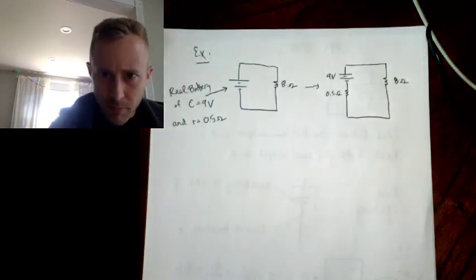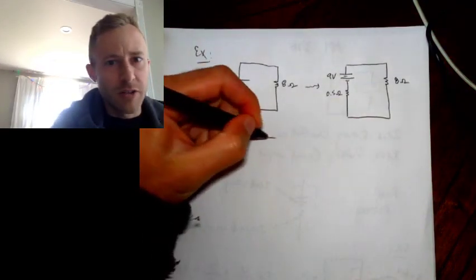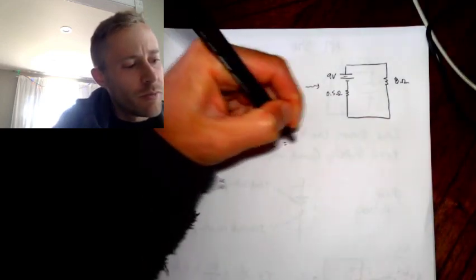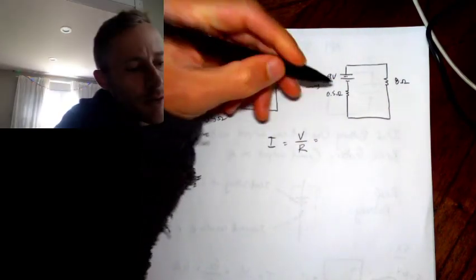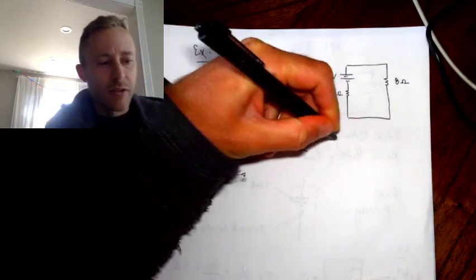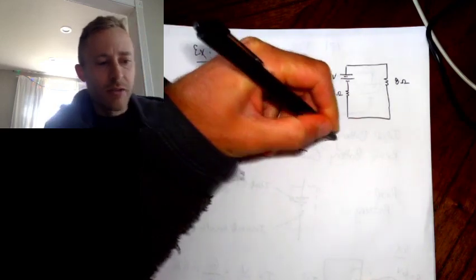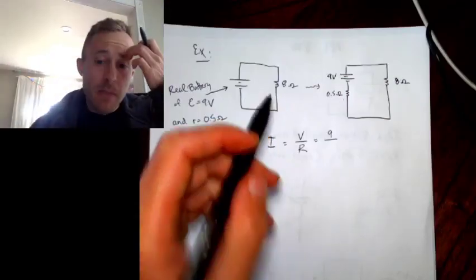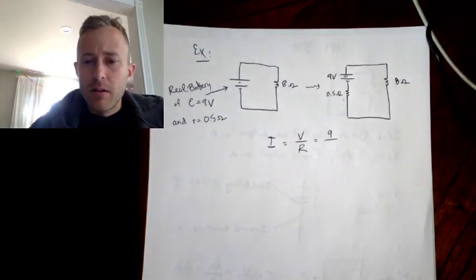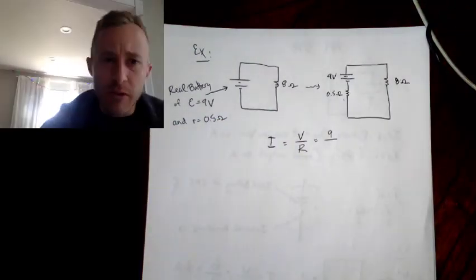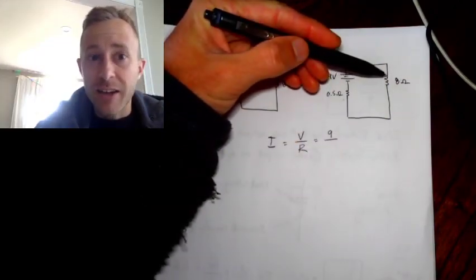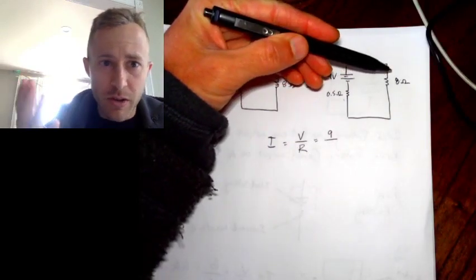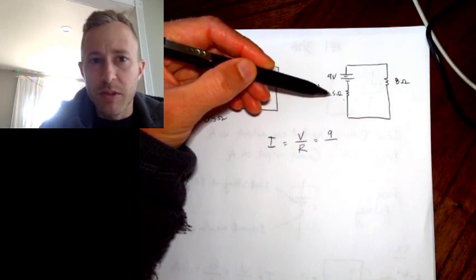So if I want to figure out how much current is going to flow, I would do Ohm's law, V over R. The voltage is 9 volts, and the total resistance of this circuit is the 8 ohms of the external resistance, we would call that the external resistance, and 0.5 ohms of internal resistance.